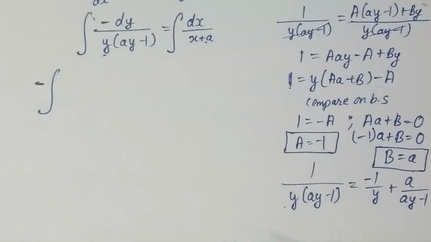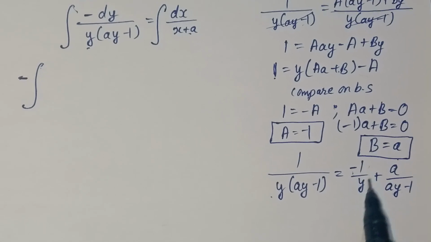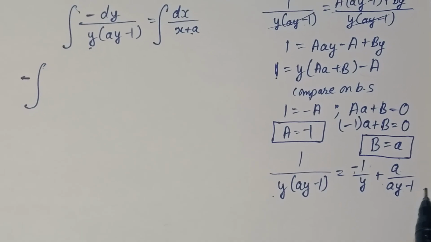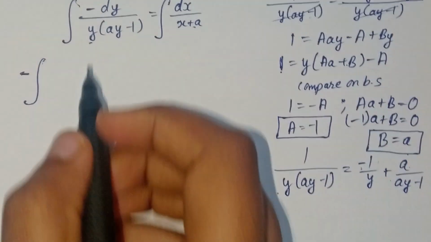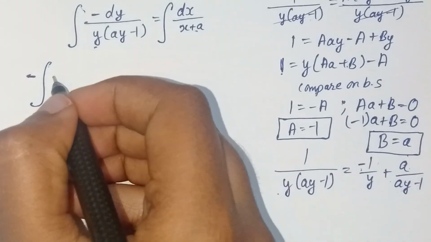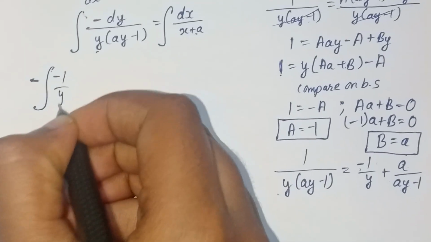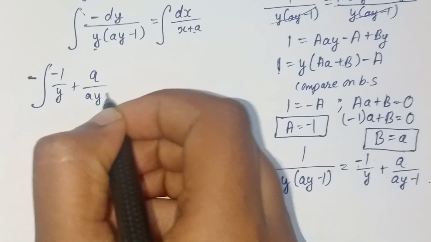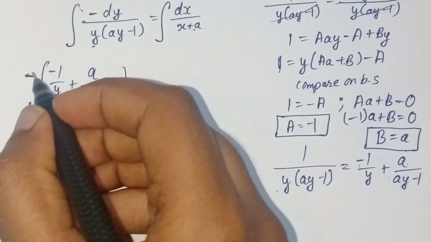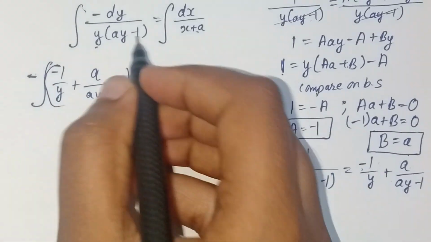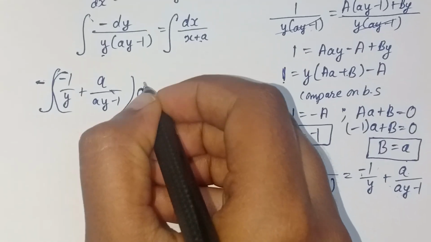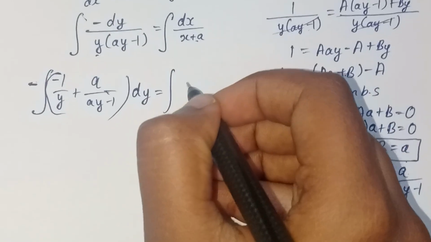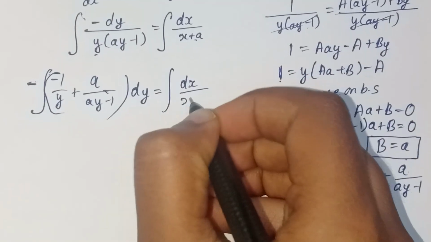Minus integration of (minus 1 by y plus a by (ay minus 1)) dy. We are integrating with respect to y, and here the term is the same, integration of dx by (x plus a).